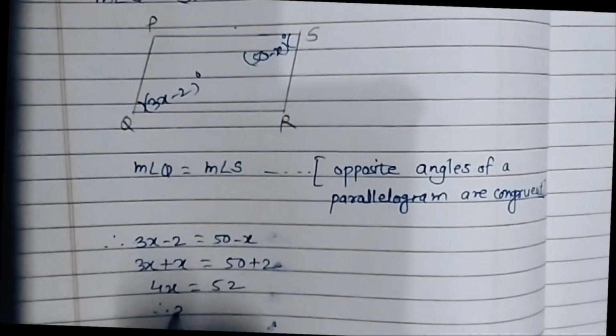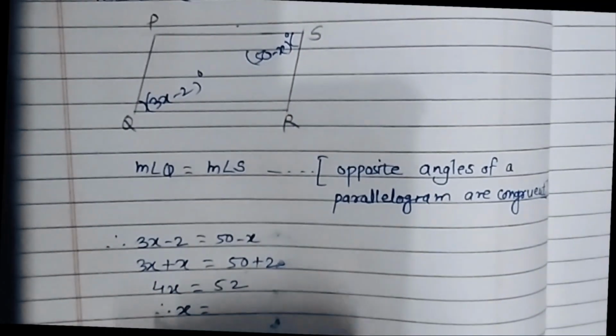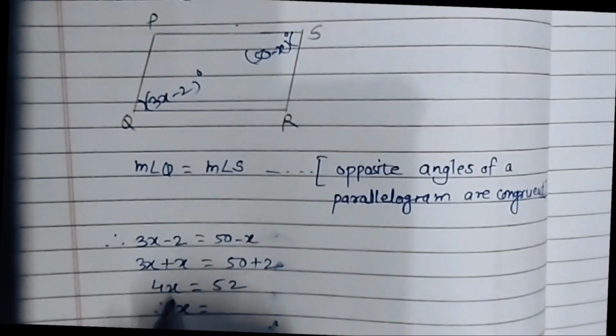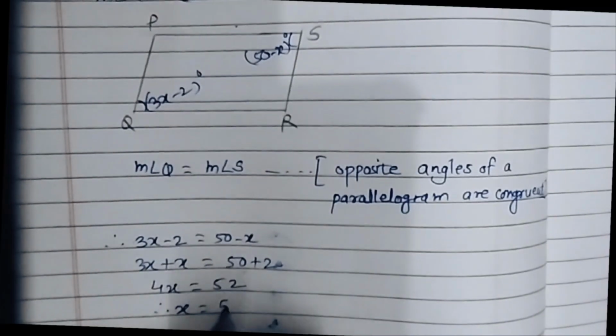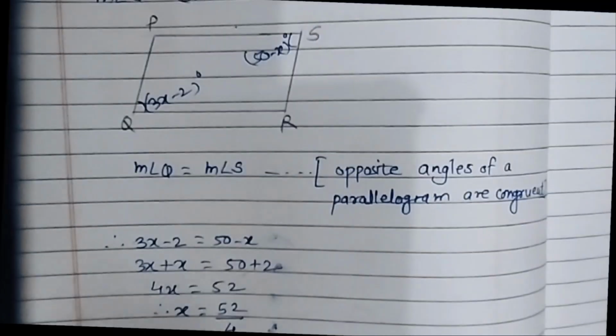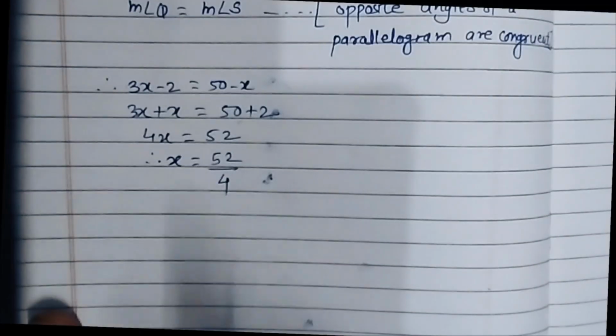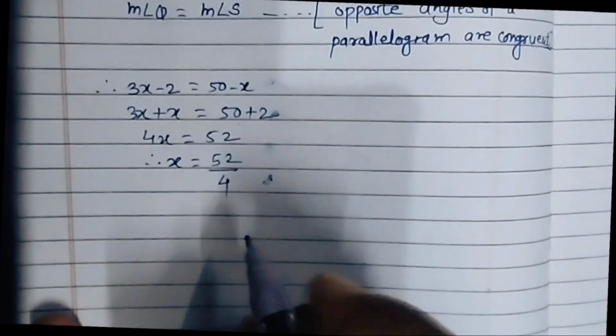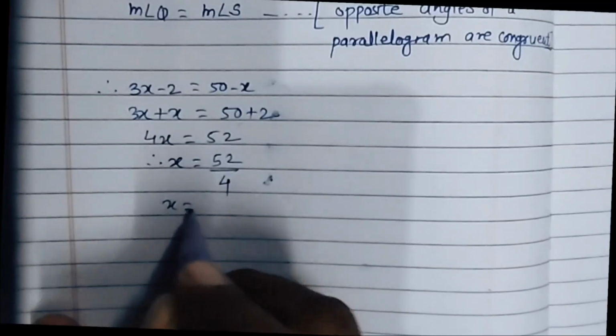So x is equal to 52 divided by 4. So we can write here as x is equal to 13.